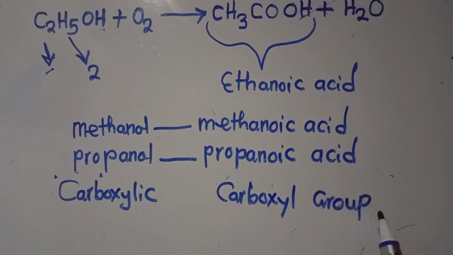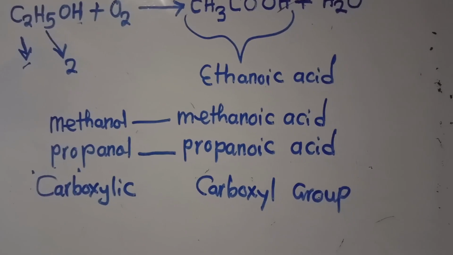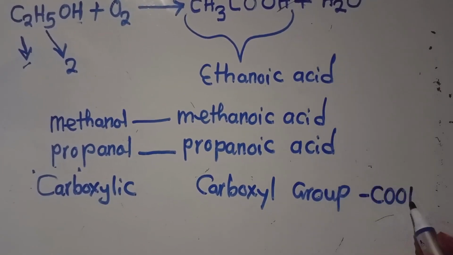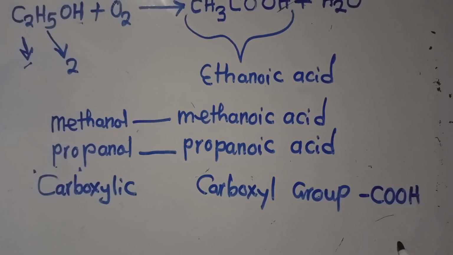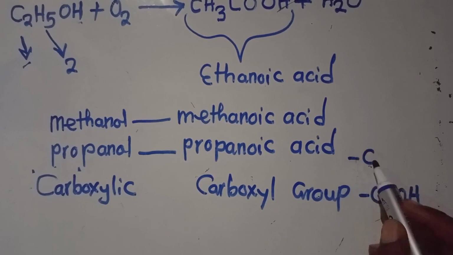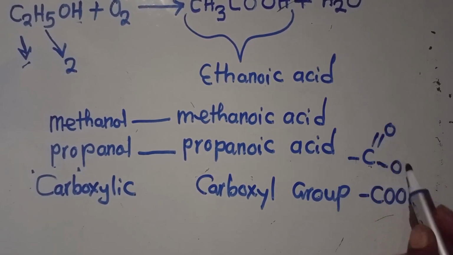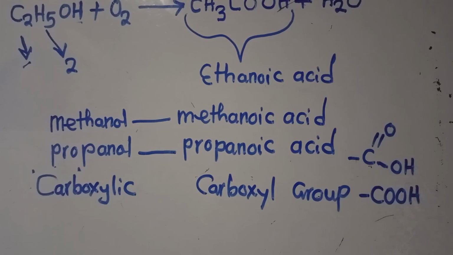How is a carboxyl group? A carboxyl group is like this. They end with COOH. This is a carboxyl group, which is sometimes written like this. There is a double bond there. Then this side we say OH. It is just one and the same.